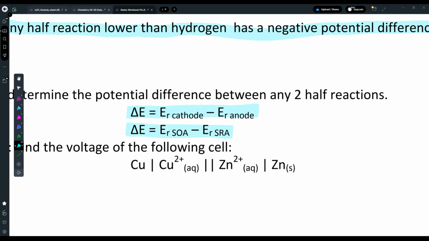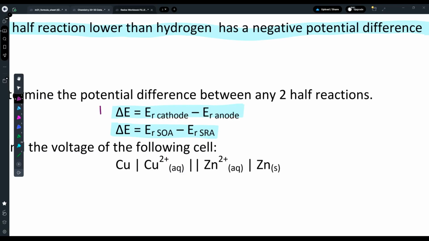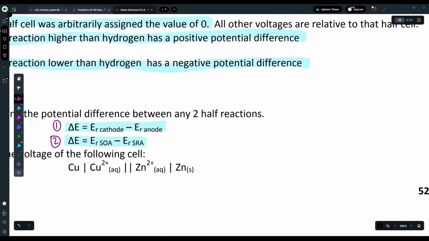These two do the same thing, they just say it in slightly different words. You could either find the potential difference by going cathode minus anode, or you could take the voltage of the SOA and subtract the voltage of the SRA. So you do have a couple options. This is option 1, this is option 2, but earlier in the notes we did a different method. I'll call this method number 3.